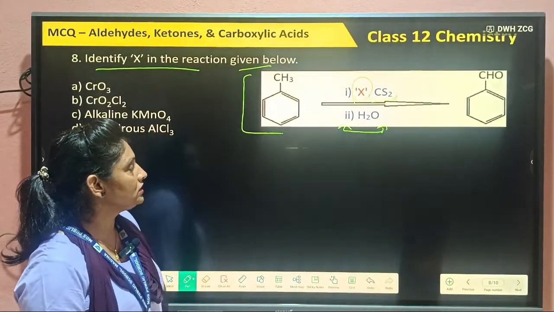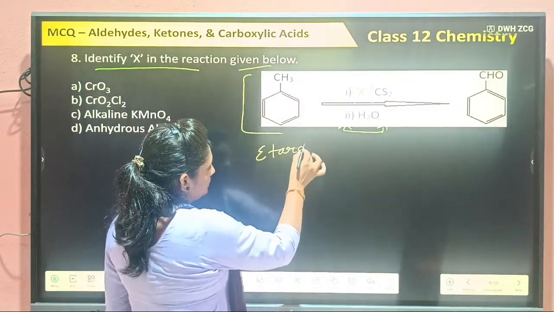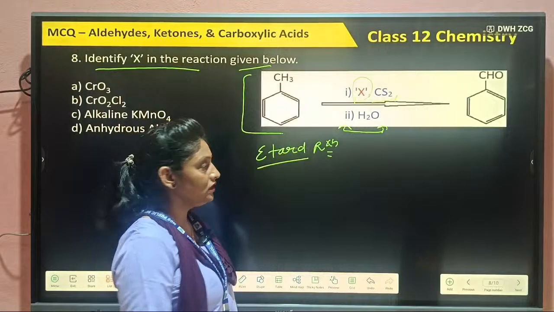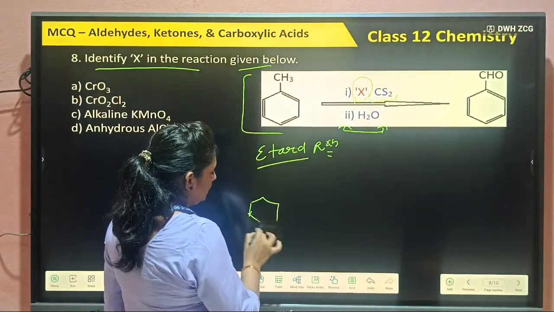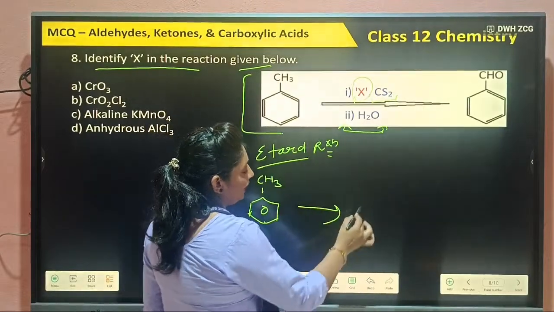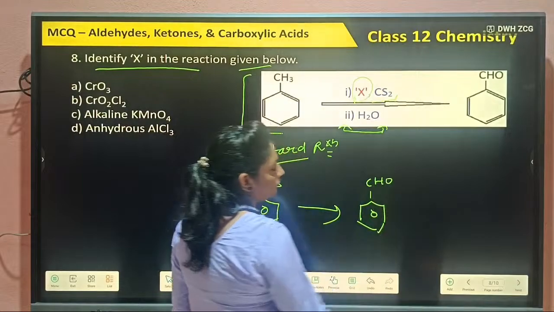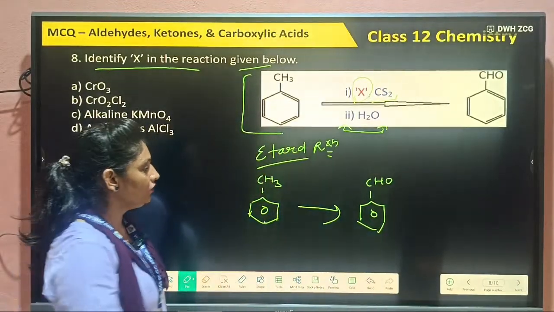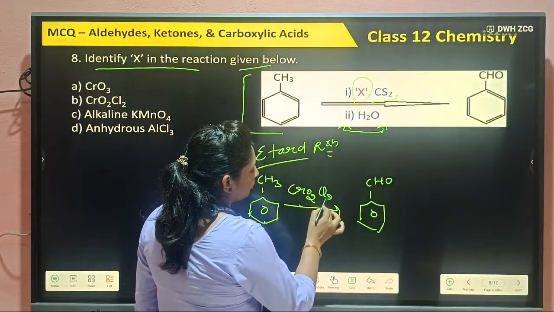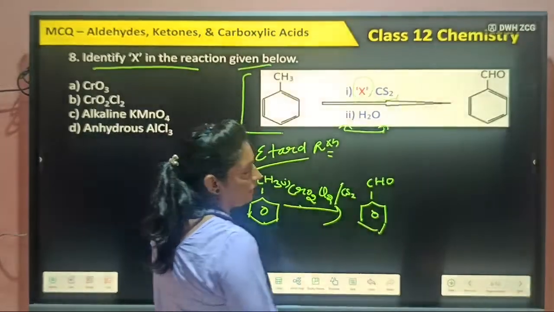Okay students, this is the Etard reaction, because the Etard reaction is that in which we can prepare benzaldehyde from toluene. Here we will use the reagent chromyl chloride, and here we will use an anhydrous solvent.